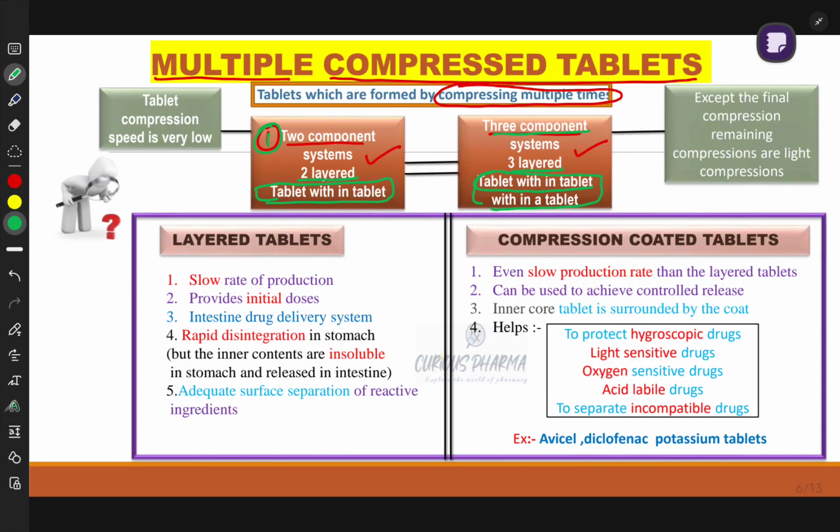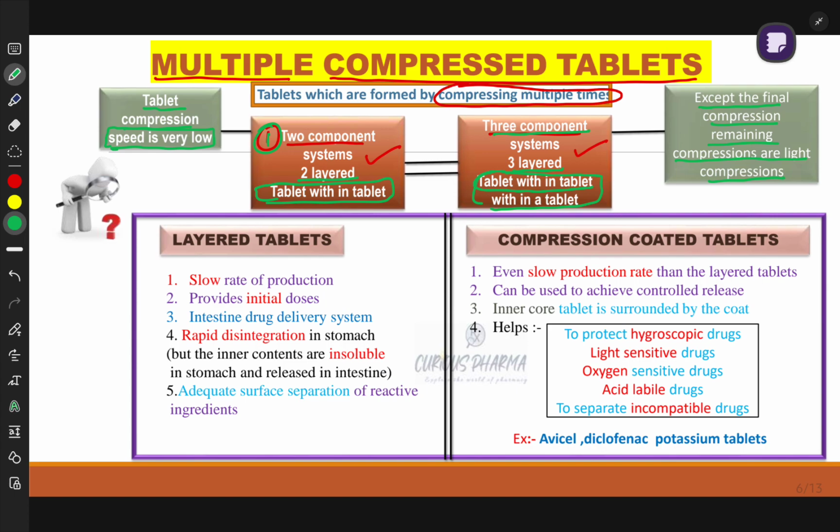Here we will see some disadvantages. Tablet compression speed is very low, since except the final compression, the remaining compressions are light compressions. When a tablet is first manufactured, it is placed inside another compression.